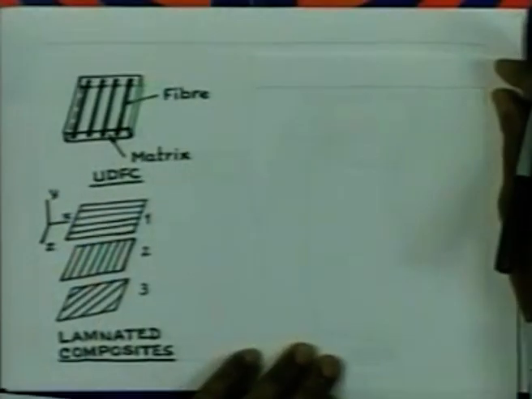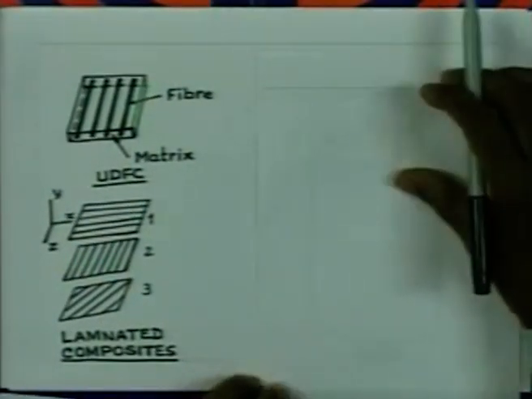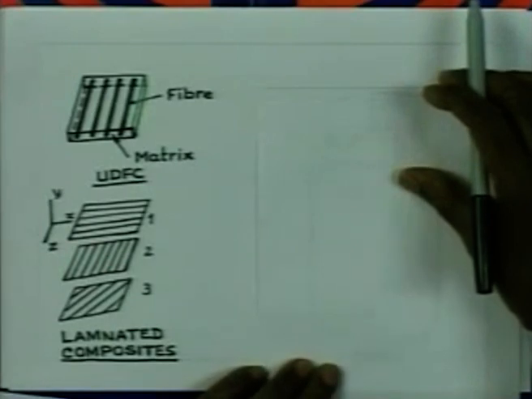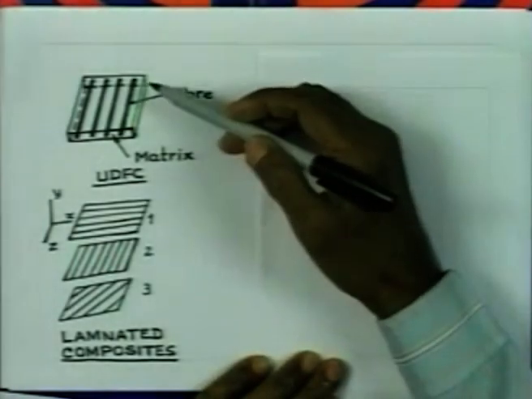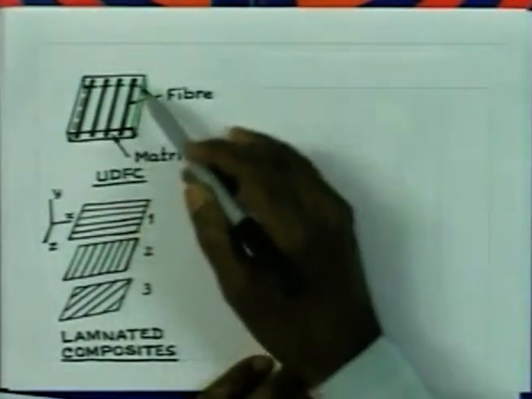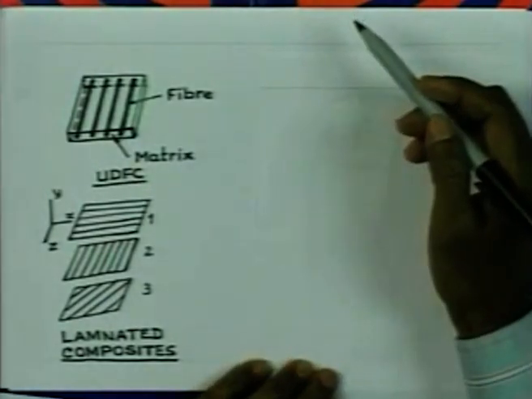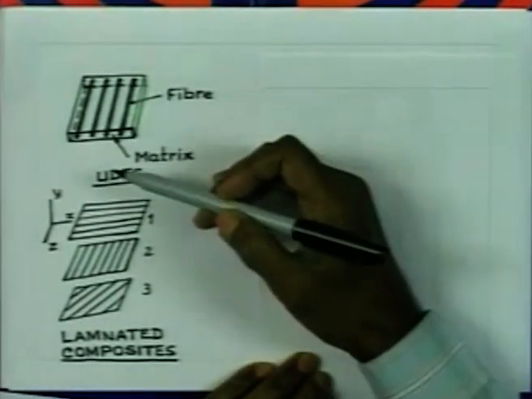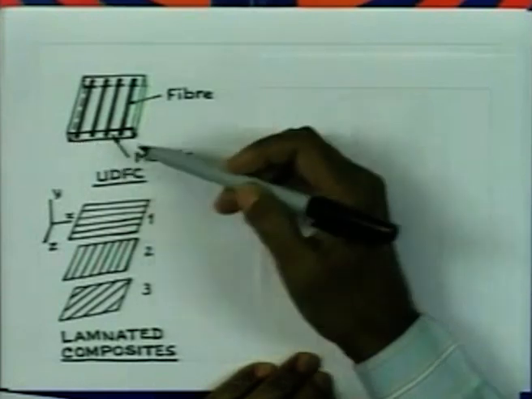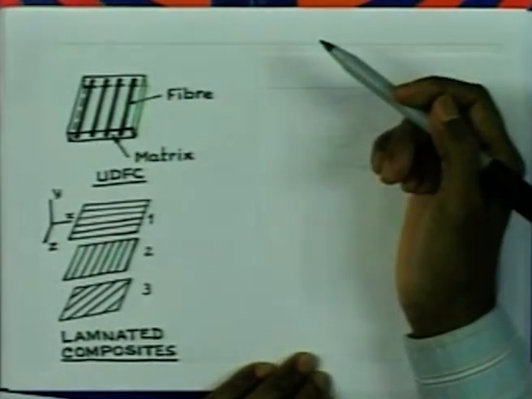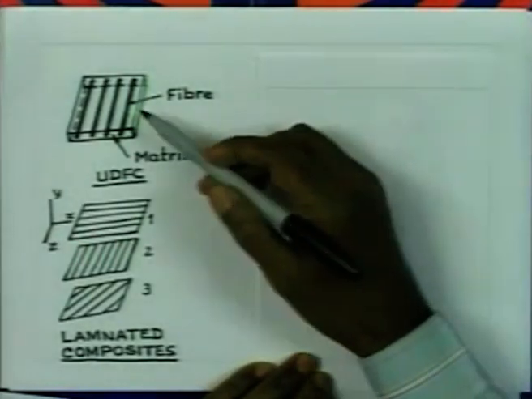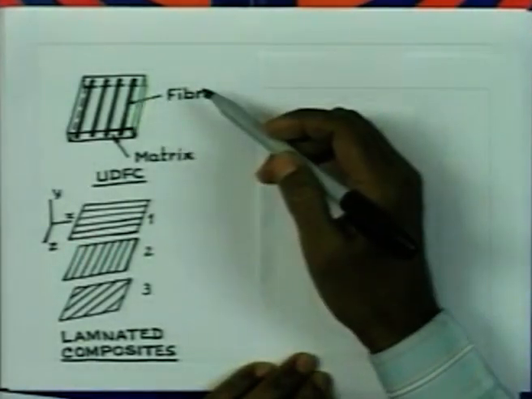First of all, let us see the composite materials. You may not have occasion to come across these materials, but let us talk about them. If you consider some bulk material in the form of a plate, and you reinforce it with fibers located along the matrix, and these fibers are generally made of a stronger material.